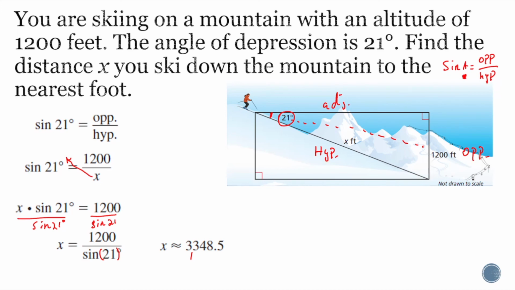Make sure it's programmed to calculate 21 degrees and not 21 radians. If you need help doing that, reach out to me and I'll help you with your calculator. So the ski slope is about 3,349 feet down the mountain.